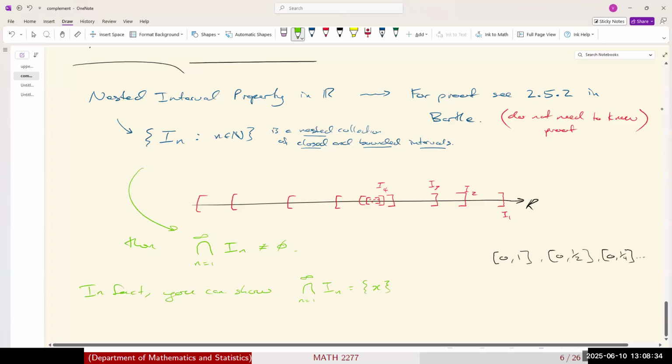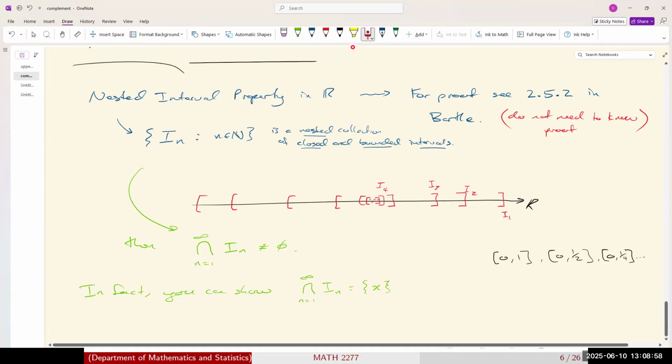The nested interval property just says that this intersection is non-empty. Non-empty means it contains at least one element, so all of these intervals have at least one element in common.